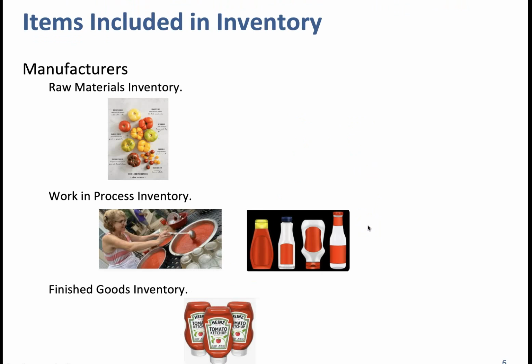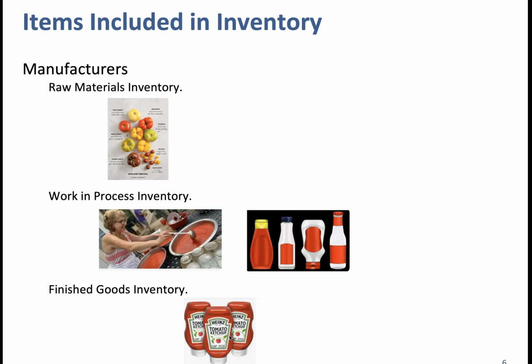If you go to the warehouse, you will see different types of inventory: the raw materials, the half-produced ketchup, and the finished ketchup on a particular date, because it's basically a snapshot of your warehouse.